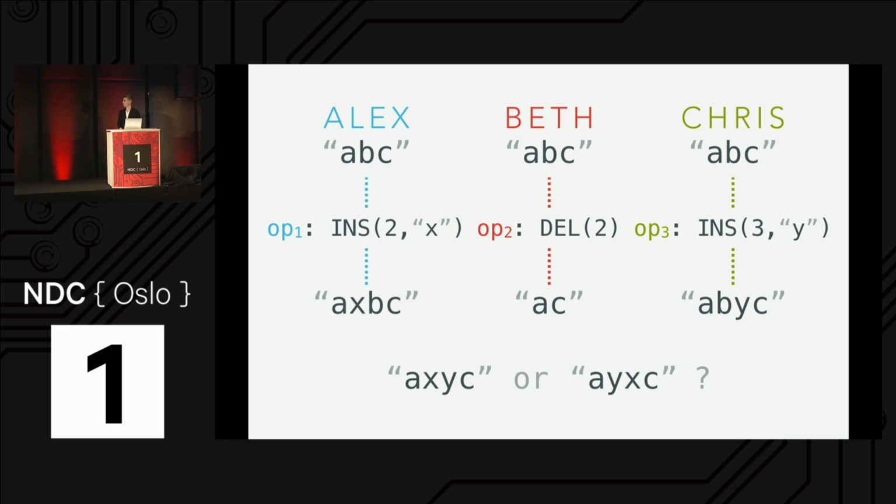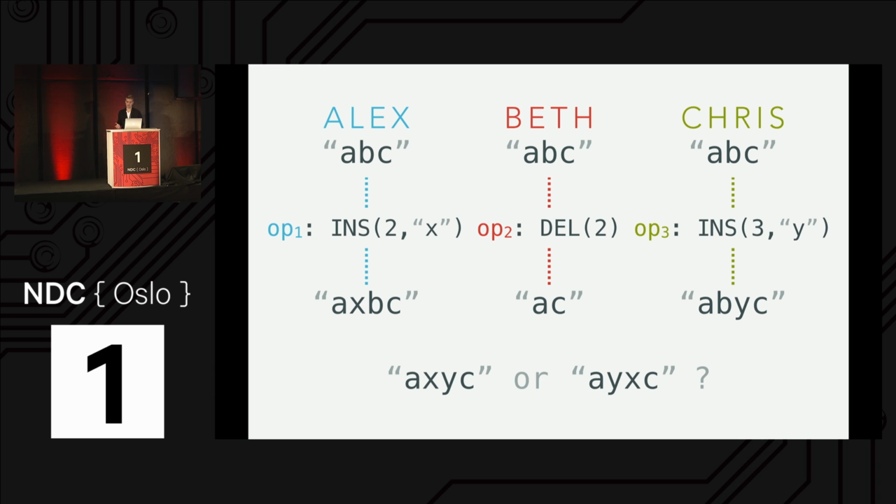How do you make sure that all three of them end up at the exact same copy of the document? A more naive operational transform algorithm will end up with some people having AXYC and some with AYXC. This is a problem because it has to be eventually consistent.